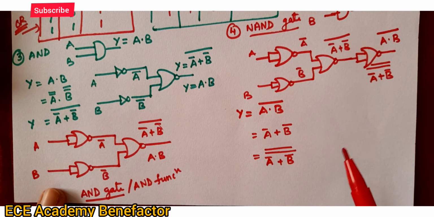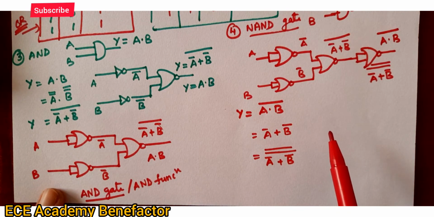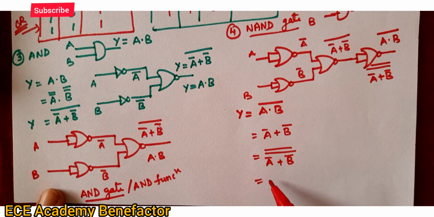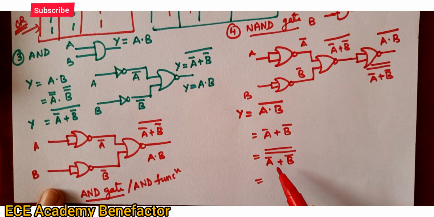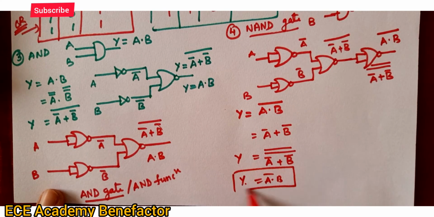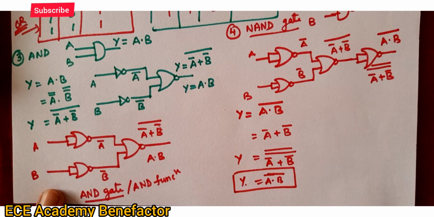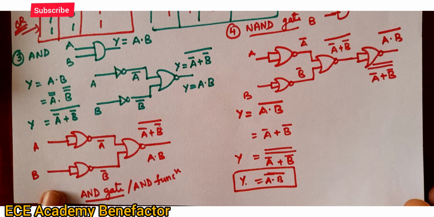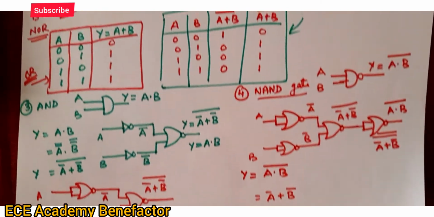So here we can get A dot B the whole bar, like this. So in this way we can design AND gate, OR gate, NOT gate and NAND gate using NOR gate.